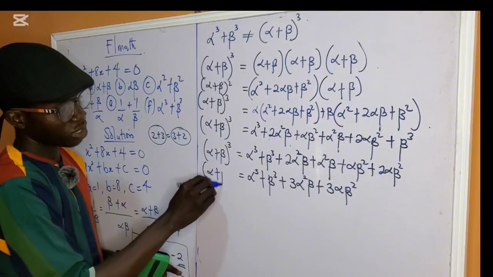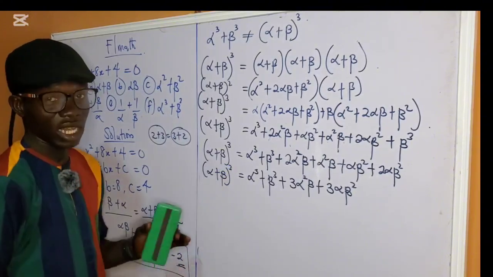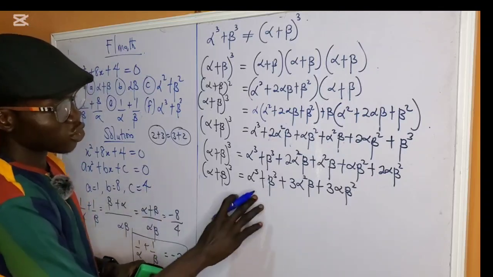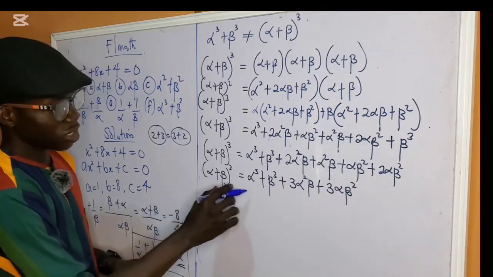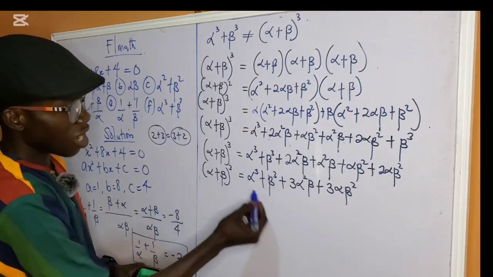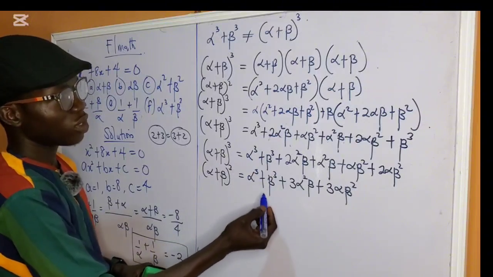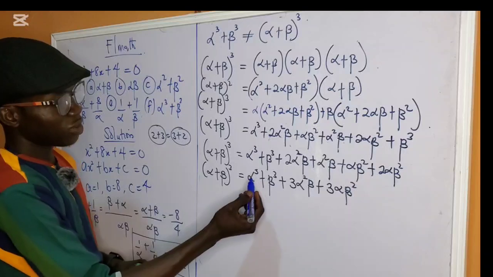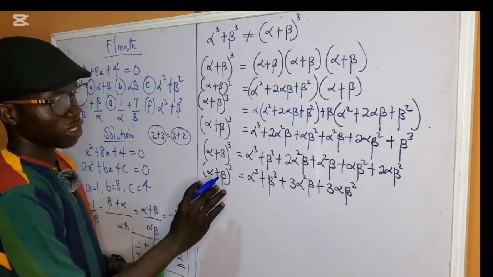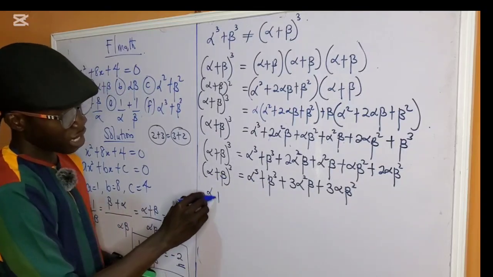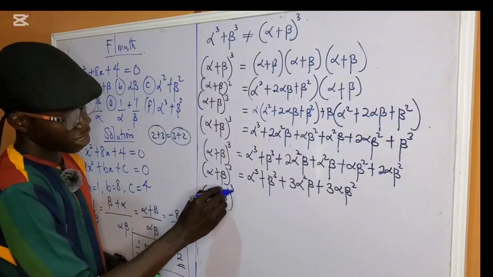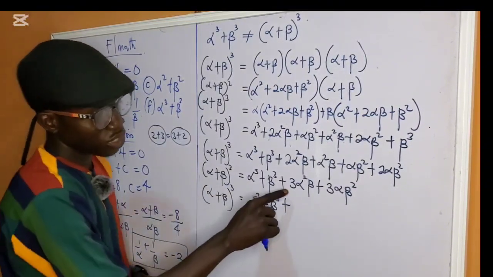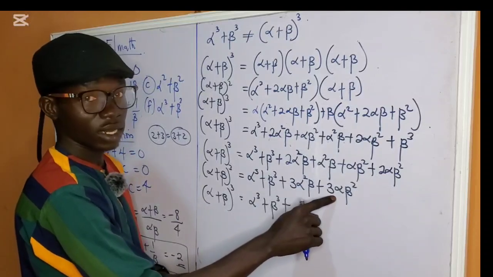So alpha plus beta cubed. Good. So the next thing is to take alpha cube plus beta cube and we isolate them. So how can we isolate this? We take all the remaining elements to the other side. But before we do that, we can factorize this. Now you see that 3 is common in both, right?